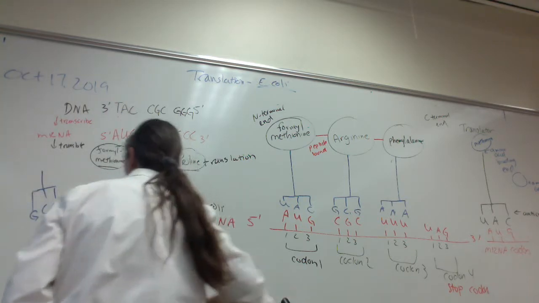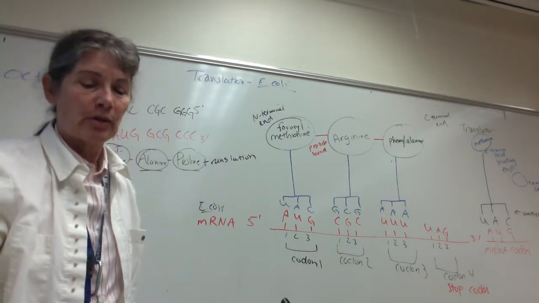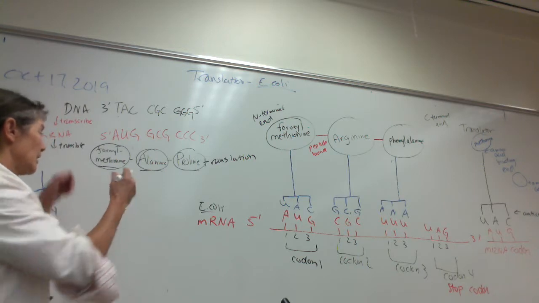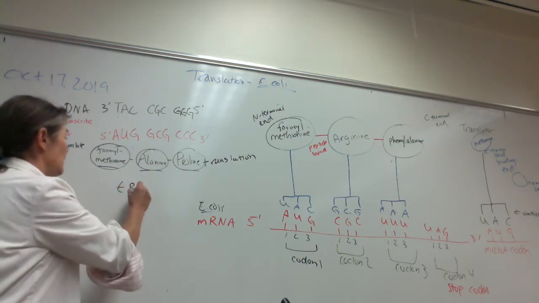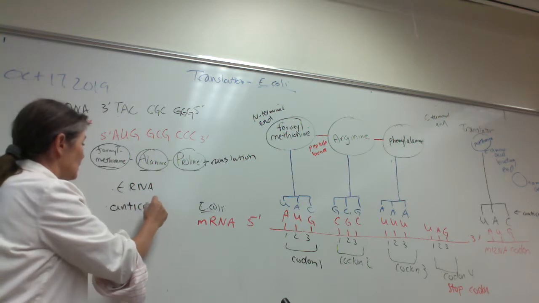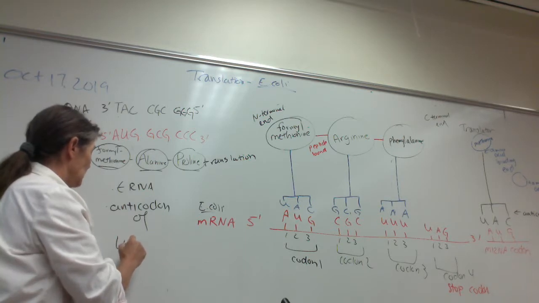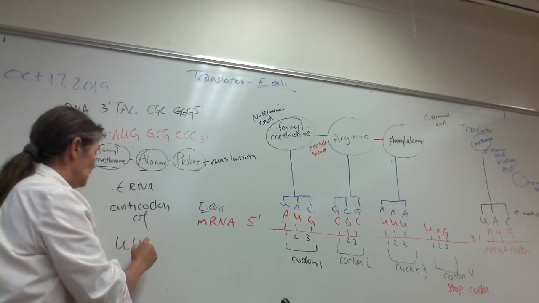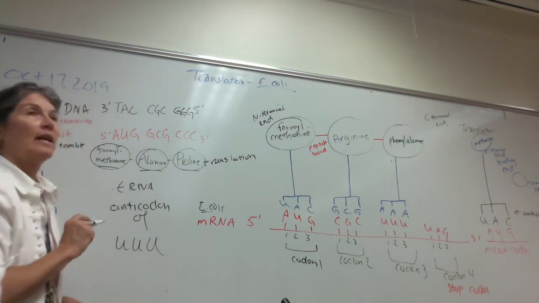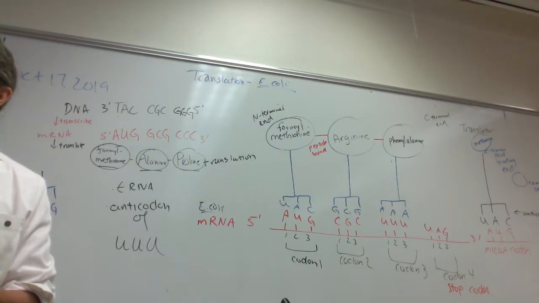Let's say on the lecture exam, and I usually make this a bonus question, I say you've got a tRNA that has an anticodon of U, okay? And the bonus question is, which amino acid would this tRNA carry?